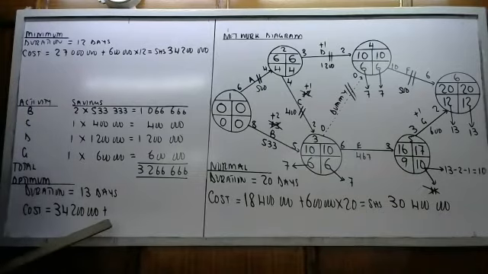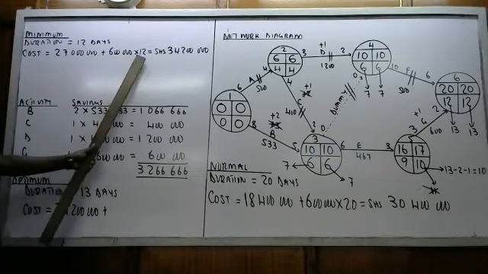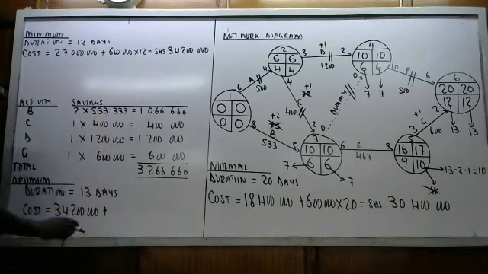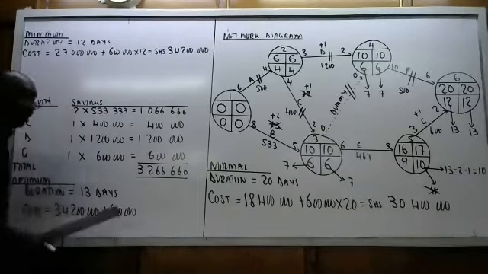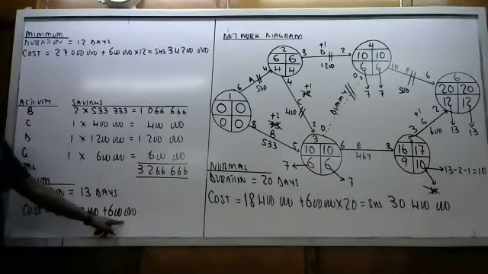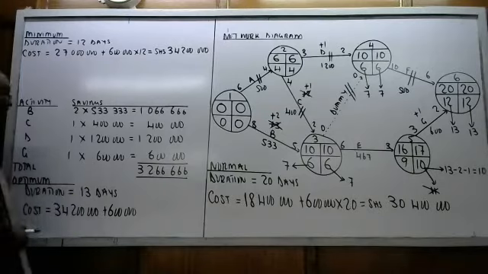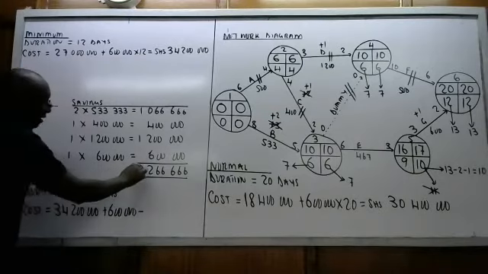Now this one, remember it was for 12 days. So we first of all add 600 for 1 day. This is for the 13th day. Then you less the savings.